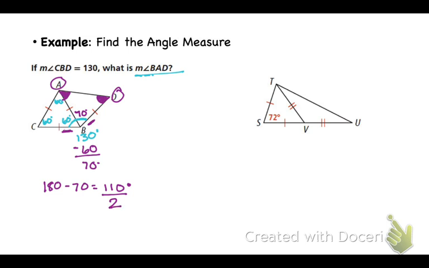So 2 goes into 11, how much? 5. 5. With 1 left over. And 2 goes into 10, how many times? 5. And so that means that angle BAD, which is congruent to angle BDA, is what? 55 degrees. Make sense? Yes.